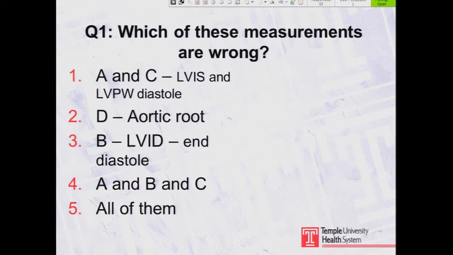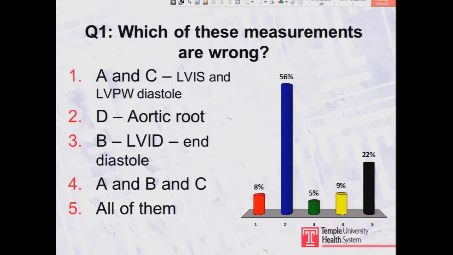D, the aortic root measurement? B, the cavity measurement itself? Just the LV measurements, but the aortic root measurement is right? Or are they all wrong? Luckily, the NBE is better at writing questions than this, and it won't be quite so confusing when you have to answer.